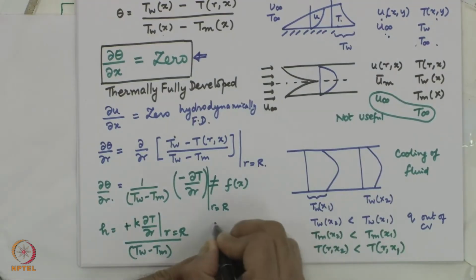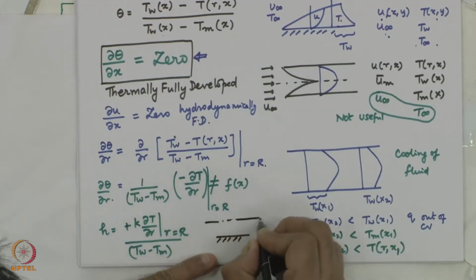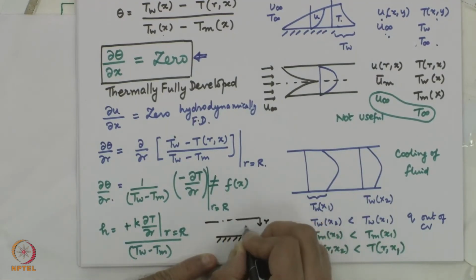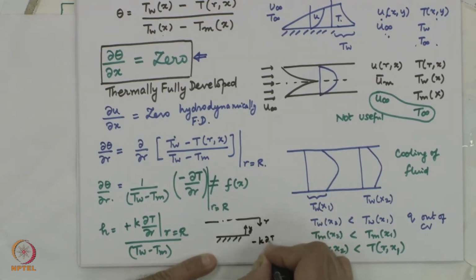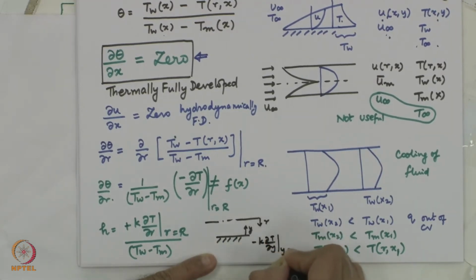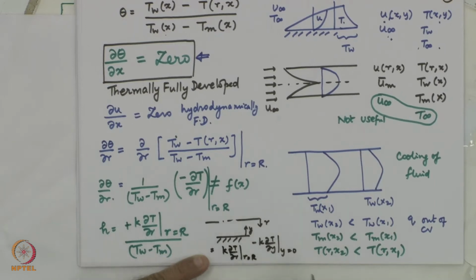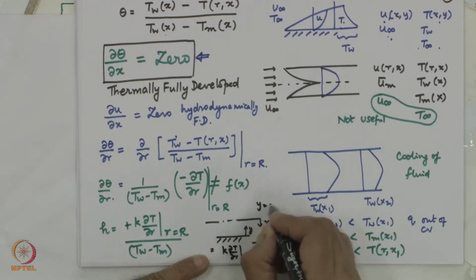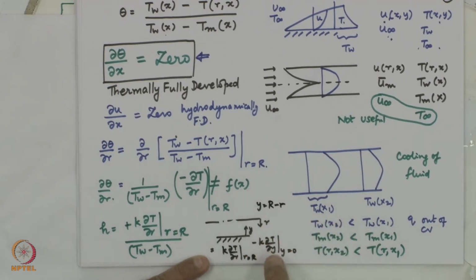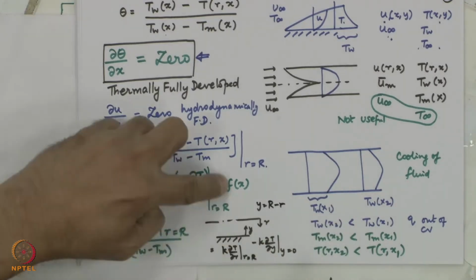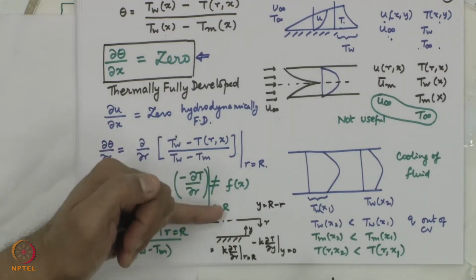Because of the same logic we had in fluid mechanics: r is going this way, y is going this way. Minus k dT by dy at y equal to 0 is equal to k dT by dr at r equal to capital R, because y is equal to capital R minus small r.